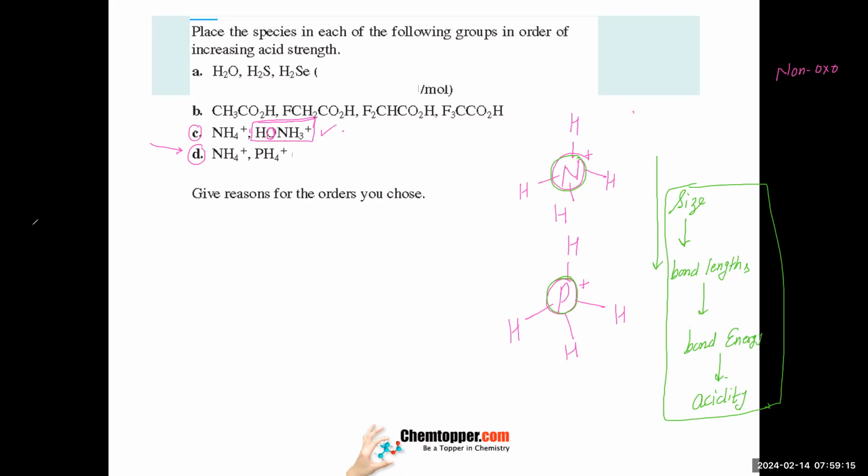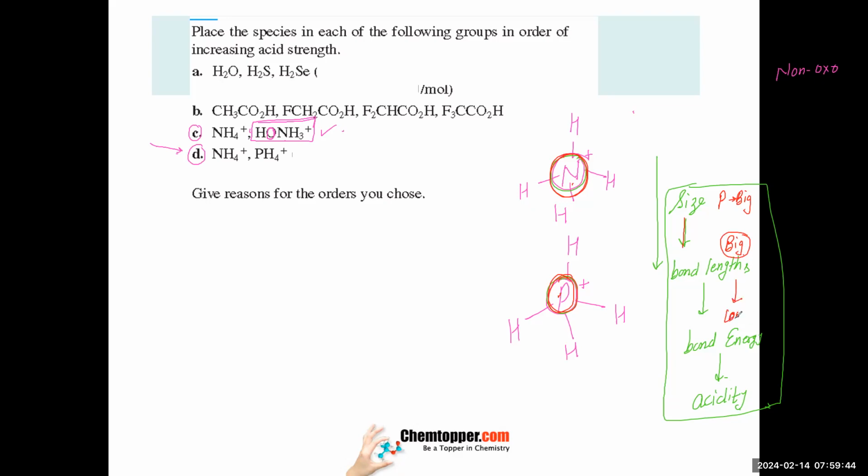Okay, Afan, can you answer? What happens to the size as you move down the group? Who is bigger in size, nitrogen or phosphorus? P. P is big in size. Big size means big orbitals, big bond lengths. Big bond lengths mean low bond energy.